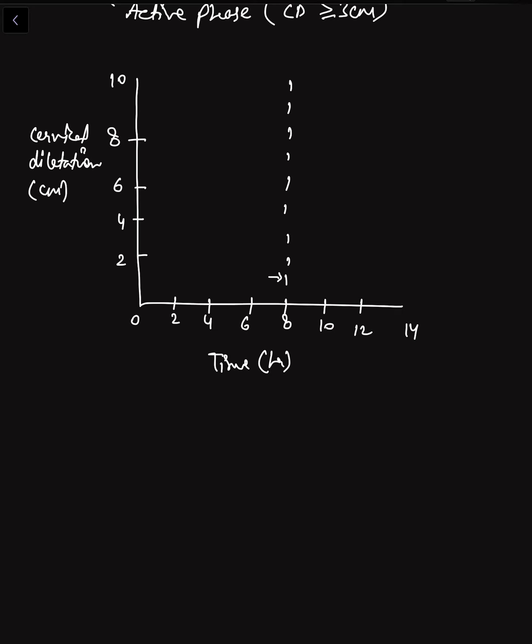This graph is divided into two phases: latent phase, which should be not more than 8 hours, and another one is active phase.